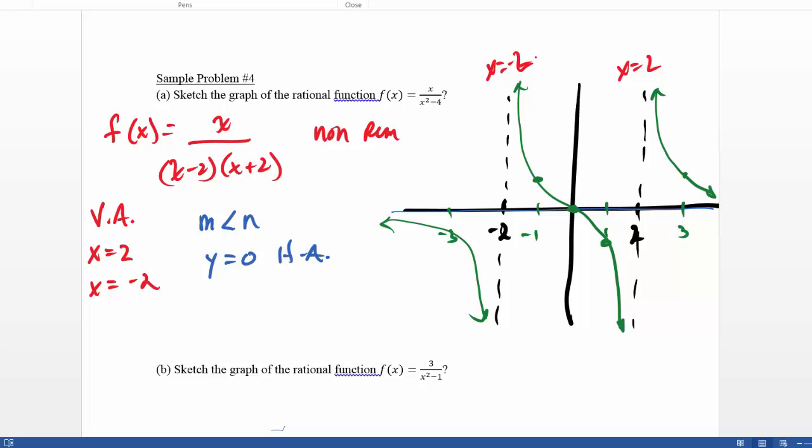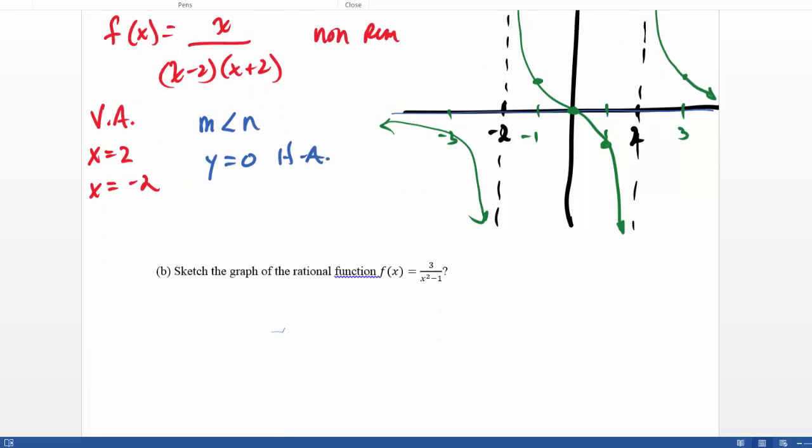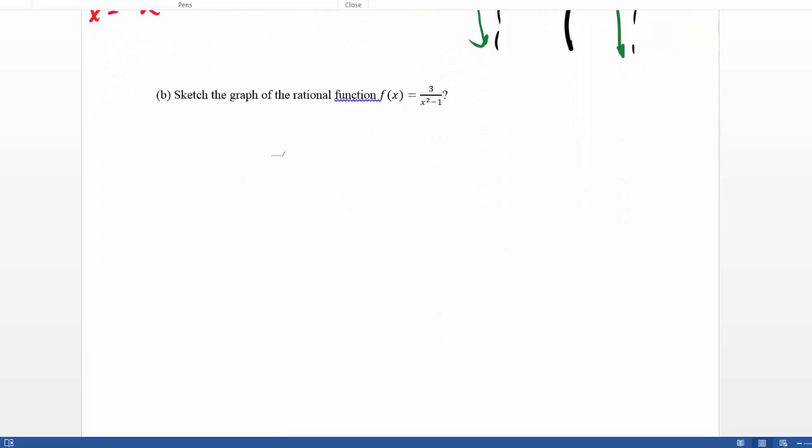If you wanted to verify that you sketched this appropriately, you could simply punch this into your calculator. But this is good practice to work on these sketches, because you will not have a calculator on the graphing part of the test, and so this is very good practice. All right, and now we'll go on to sample B.